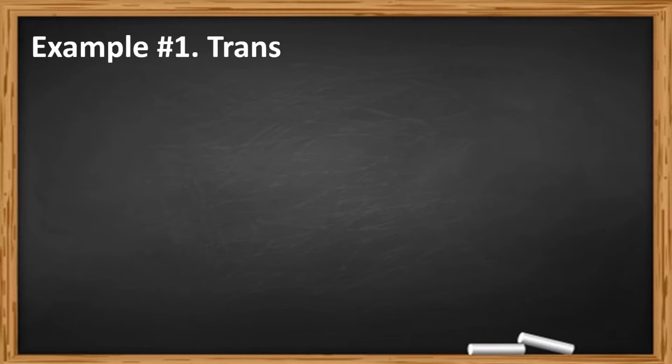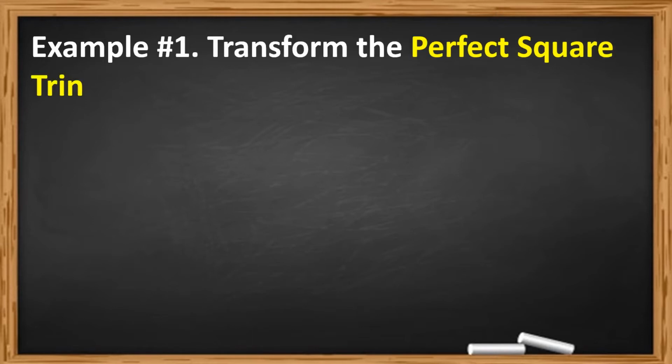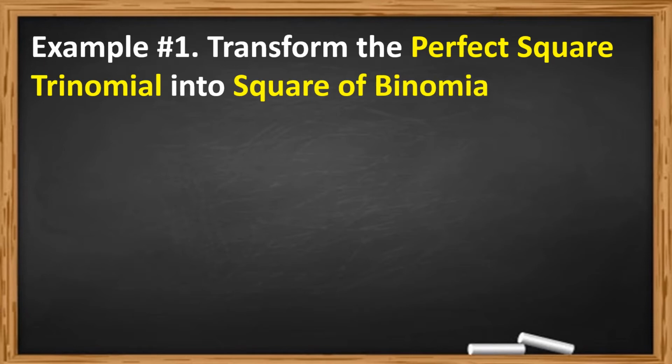And now let's try to do example number one. Transform the perfect square trinomial into a square of binomial: x squared plus 4x plus 4. So does this trinomial really satisfy the conditions of a perfect square trinomial? Let us see. First, our first term and last term, or third term, are perfect squares. Check.